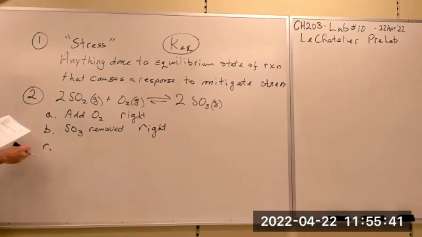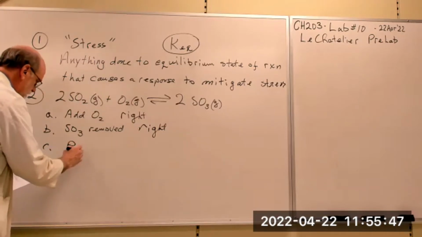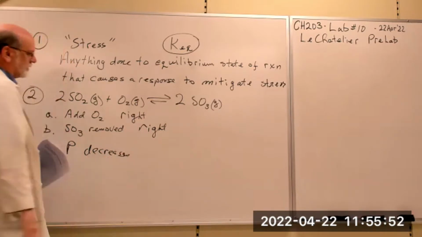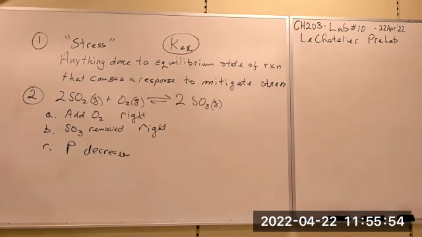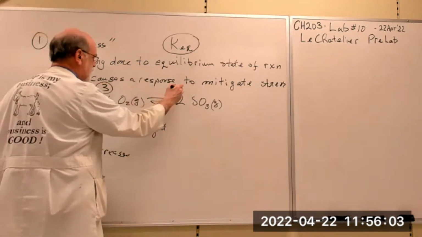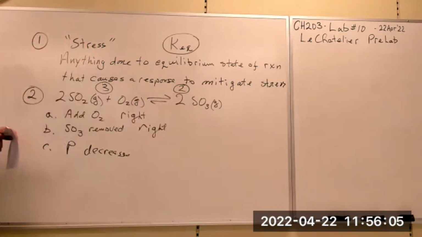C, pressure of the system is decreased. So how would we do that? Well, we increase the volume. When we decrease the pressure, is there a difference between the moles of gas? 2 plus 1 is 3 versus 2. So if we decrease the pressure, it's going to try to make more moles of gas.